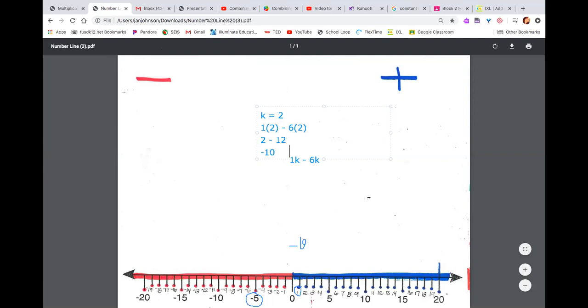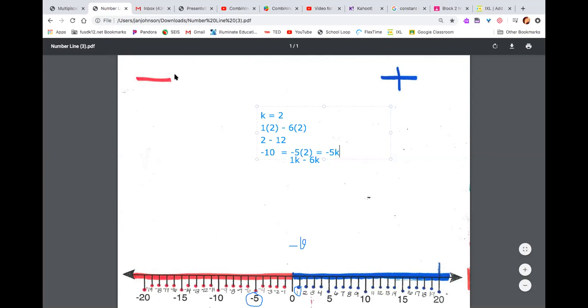It's a lot more steps, okay? And then you'd say -10 equals, what number? It'd have to be -5 times 2. So then it'd be -5k. Which I feel like is confusing when we're doing it that way, okay?